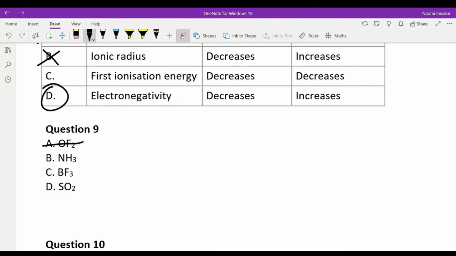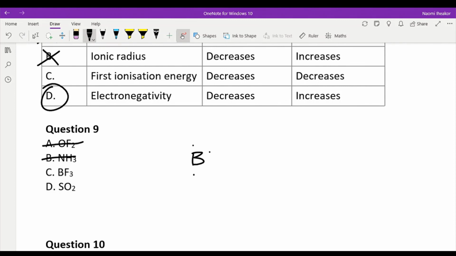Let's have a think about C. So we've got BF3, so boron in the center. I remember boron is happy having either 6 or 8 valence electrons. So in this case, it's going to settle for 6. So boron has 1, 2, 3.